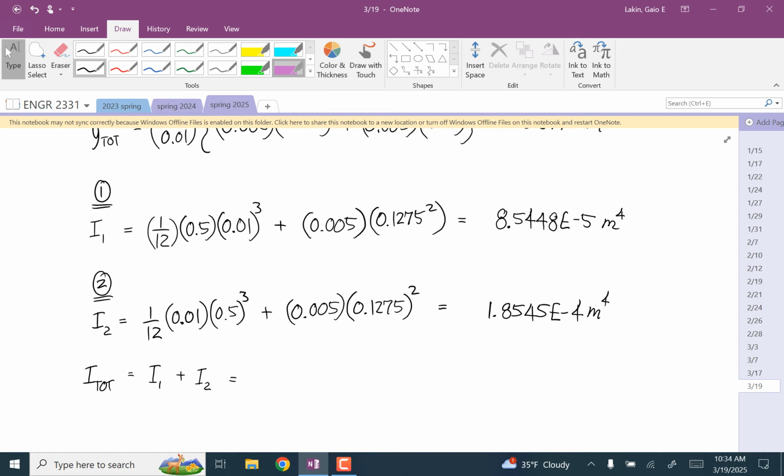Ah, I erased it. Okay. 0.5448 times 10 to the minus 5 plus 1.8545 times 10 to the minus 4. And we get 2.709 times 10 to the minus 4 meters to the fourth.